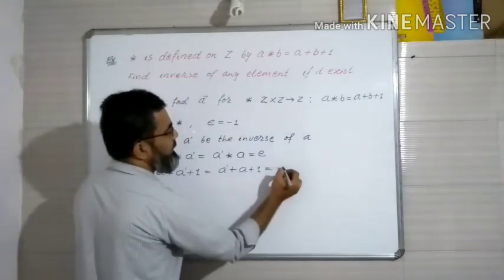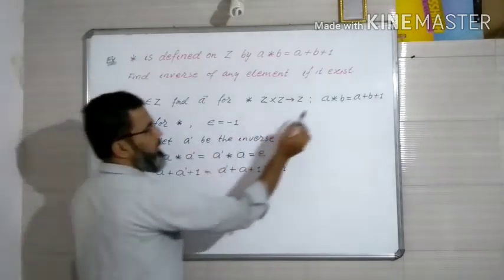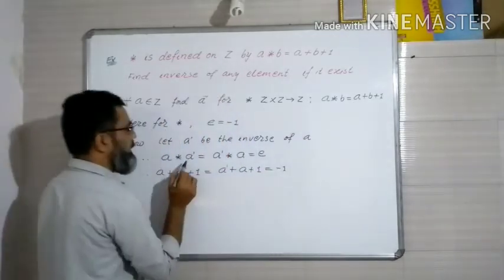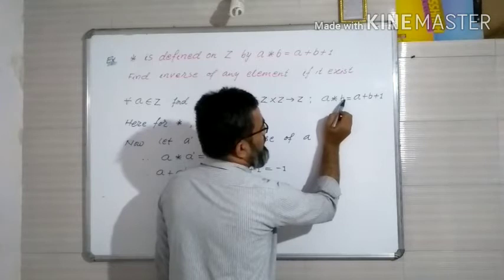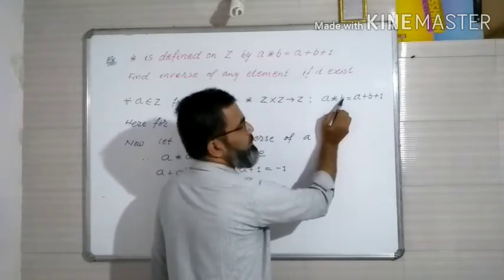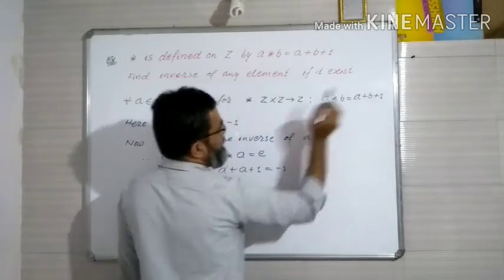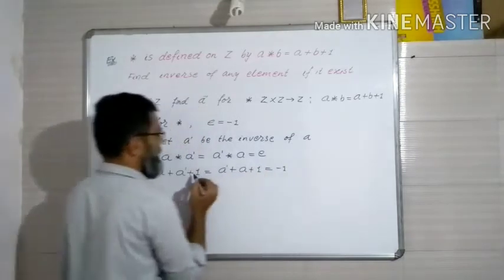Put -1. See, this first number is A, so I take here A as the first number. A dash is the second number, so it is in place of B. So I will put A dash here in place of B. Here it is A dash and plus 1 according to formula.